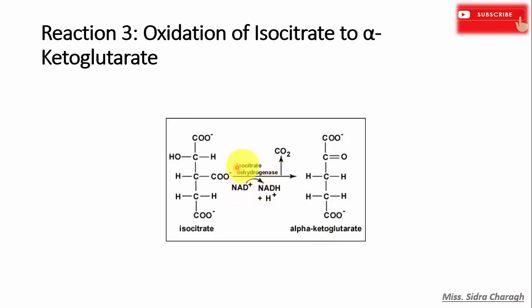The enzyme isocitrate dehydrogenase catalyzes the oxidation of the hydroxyl group at the 4th position of isocitric acid to yield an intermediate, from which a carbon dioxide molecule is then removed to yield α-ketoglutarate.